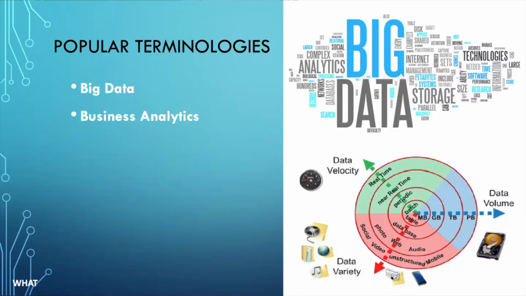And then business analytics, BA. BA is a process by which businesses use statistical methods and technologies for analyzing past business performance to gain insight and drive strategic decision making. So basically, BA focuses on the business side. And next is data science.